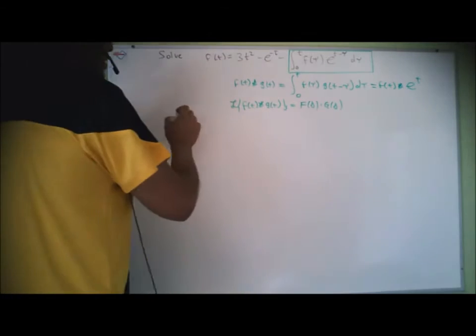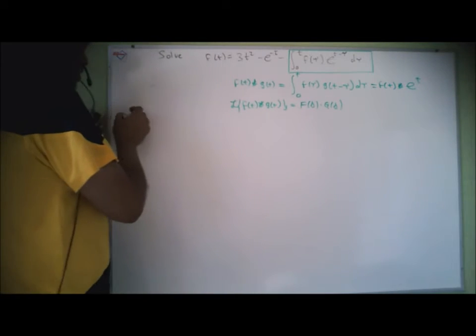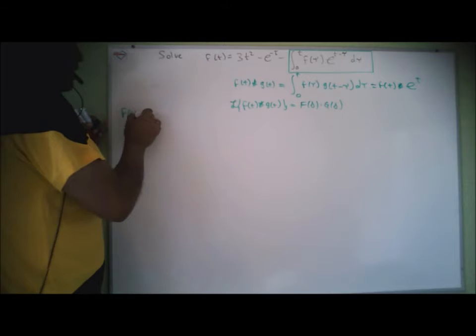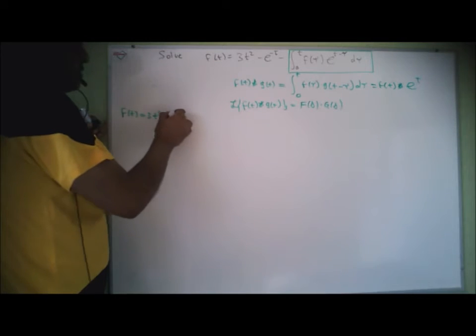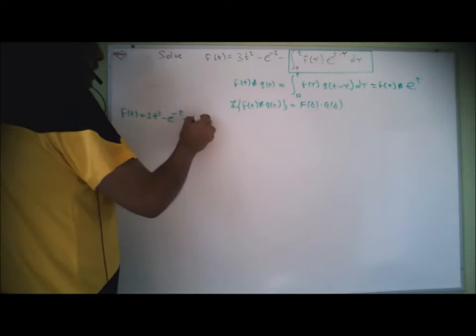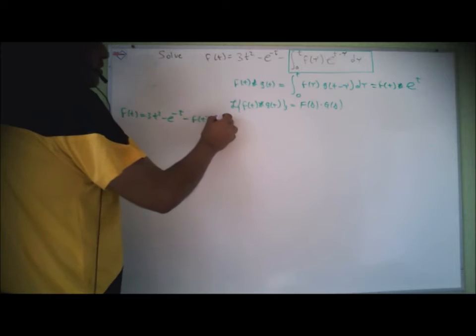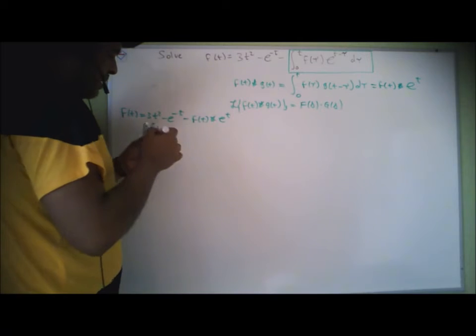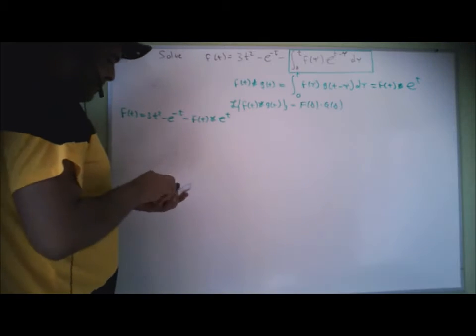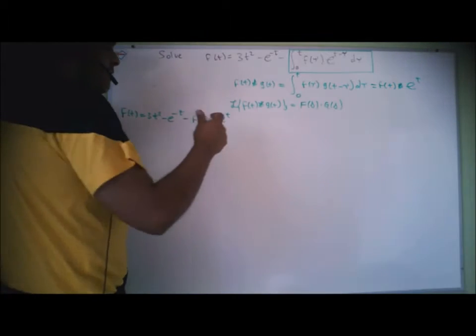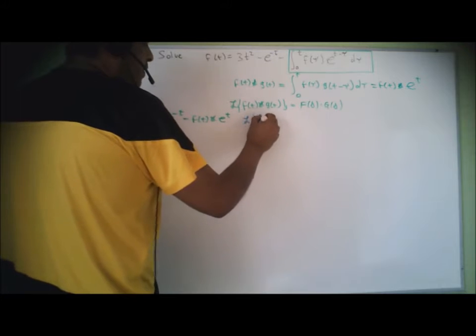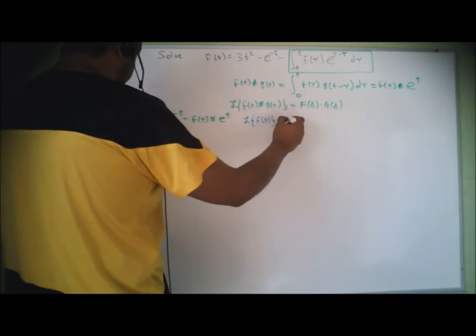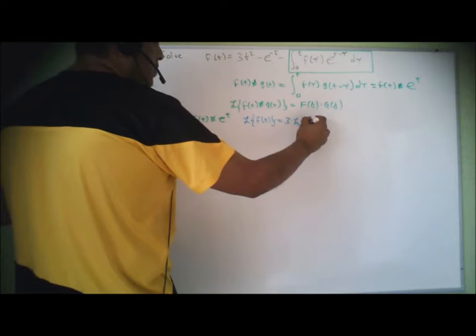So let's rewrite this equation like this: f of t equals 3t squared minus e to the minus t minus f of t convolution with e to the t. Now, the advantage of knowing that is that if you apply the Laplace transform, the Laplace transform of f of t is equal to 3 times the Laplace transform of t squared.